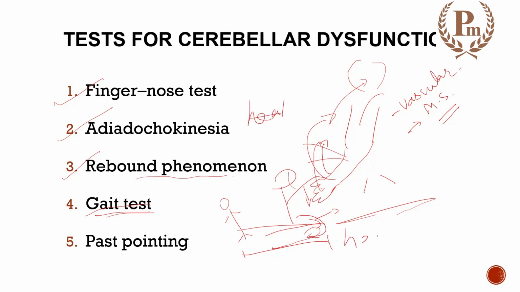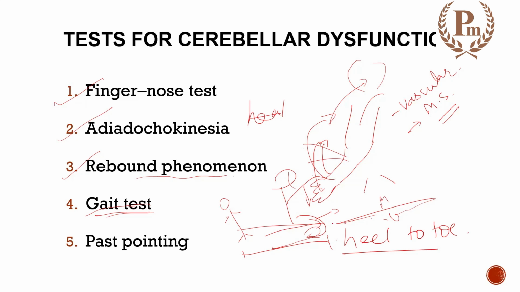You ask the patient to walk to the end of the examination room and back with heel to toe. Put the heel down with the toes up, and ask them to walk. People with a cerebellar problem will find it very difficult. They may fall down. There will be a tandem gait abnormality if there is any cerebellar lesion.